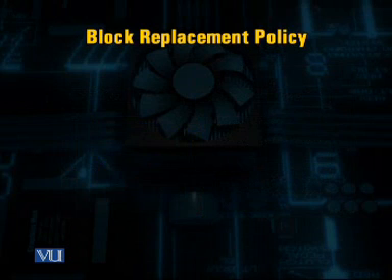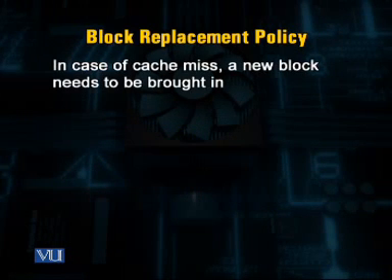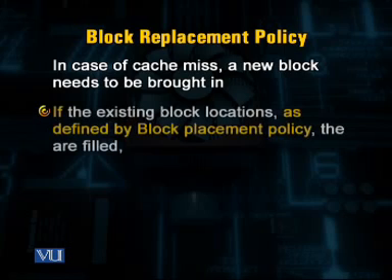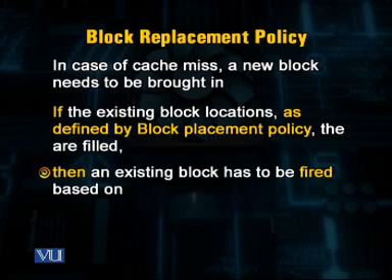So now let us talk about the block replacement policy, that is, how a block is being replaced. In case of cache miss, a new block needs to be brought in. Now, if the existing block location as defined by the block placement policy is filled, then an existing block has to be removed or fired.